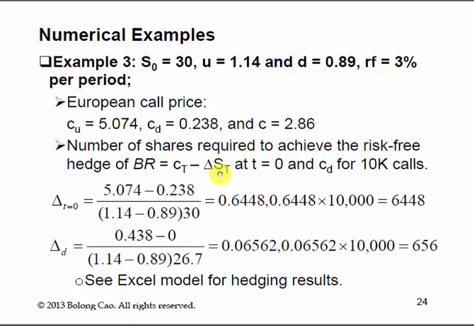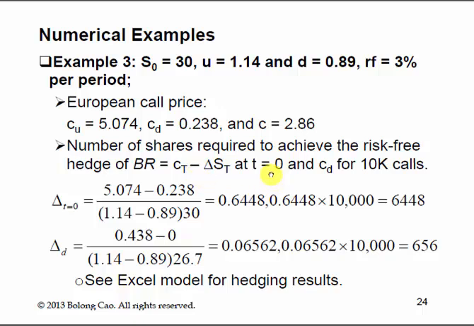And then we can think about this question. If you have long calls and you can use short underlying positions to achieve a risk-free hedge. In other words, combining a long call and a short underlying position, we will achieve a position that only evolves at the risk-free rate.